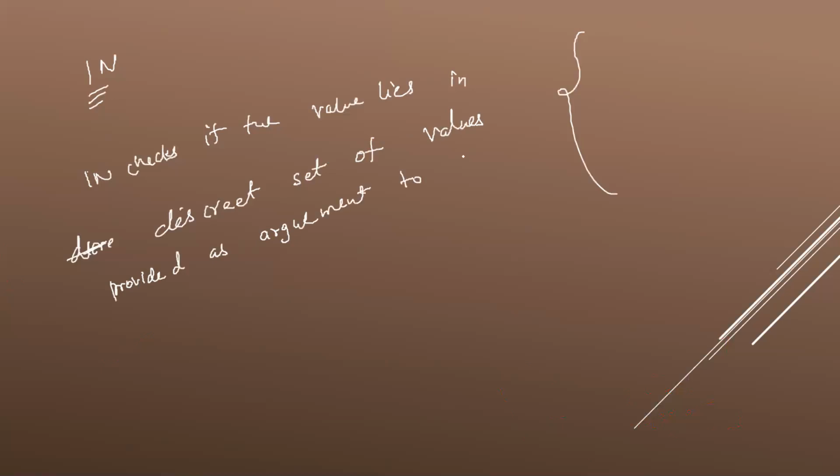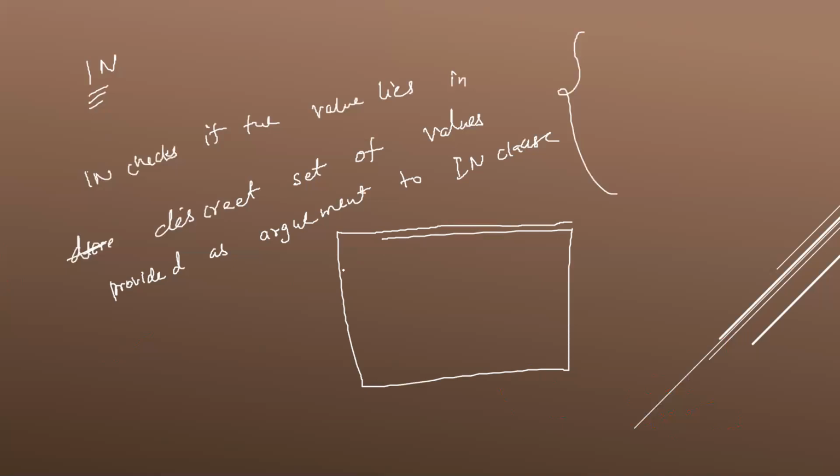For example, look at this table: ID, name, age, country. Can you read this definition? IN checks if the value lies in a discrete set of values provided as an argument, enclosed in brackets.